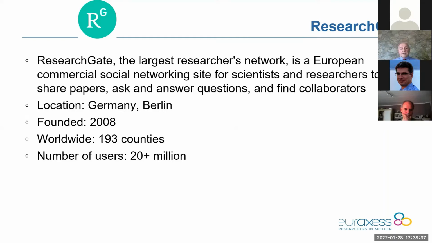At the moment, the last published figure is more than 20 million researchers. It means almost all. But ResearchGate is also used worldwide. Researchers from 193 countries are using ResearchGate.